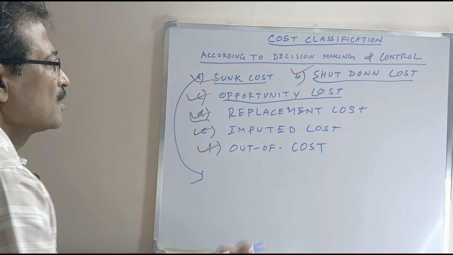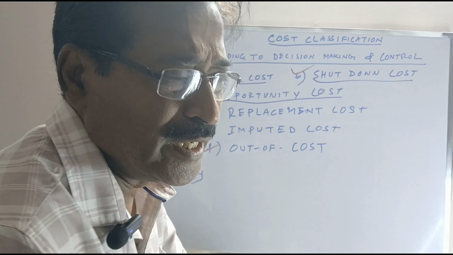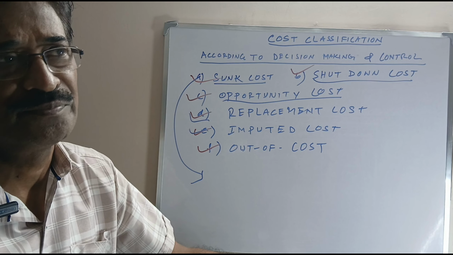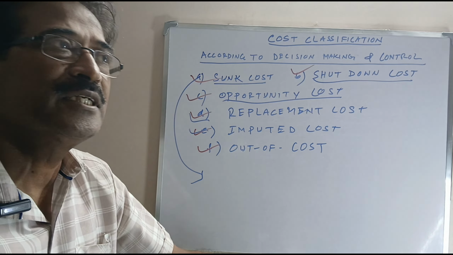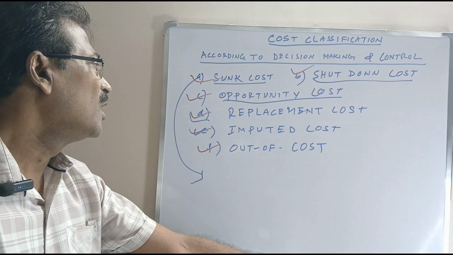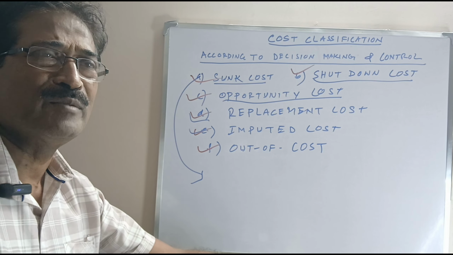Okay. Then imputed cost. Imputed cost is a hypothetical cost. There is no actual cash outlay. So it is specifically considered in case of comparison purpose or decision making purpose.